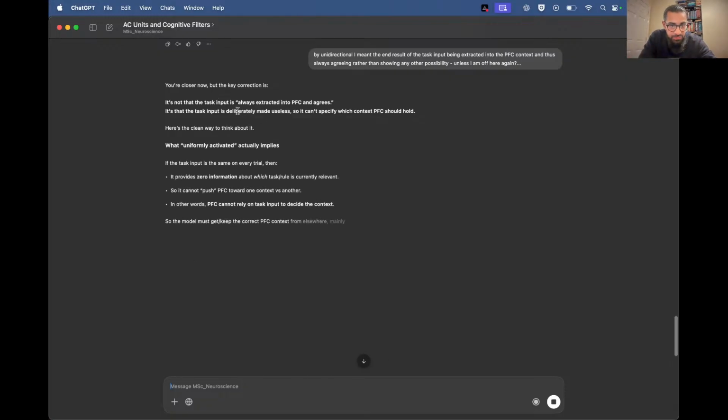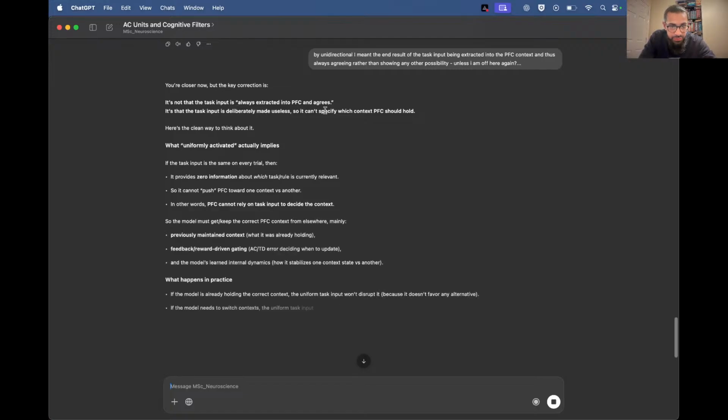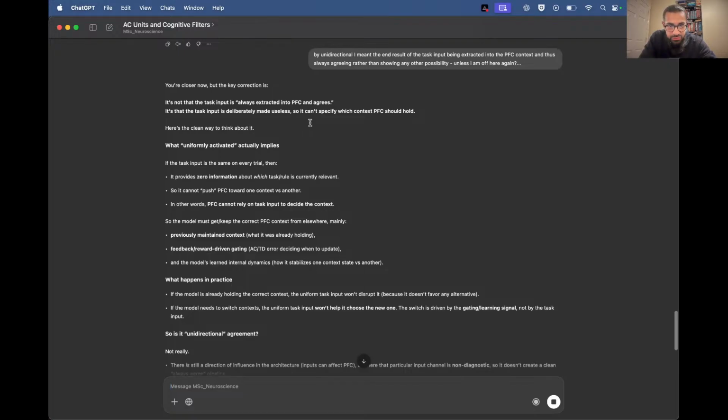It's not that the task input is always extracted into PFC. It's that the task input is deliberately made useless, so it can't specify which context PFC should hold. Ah, okay.